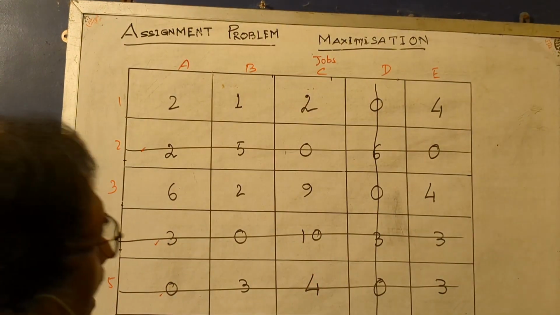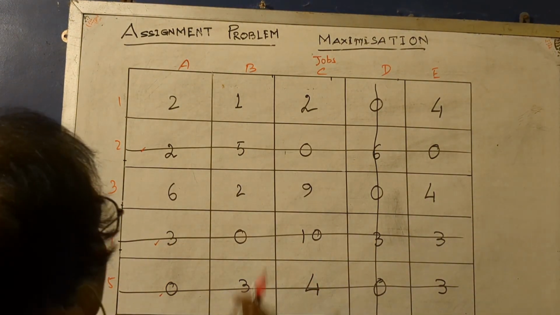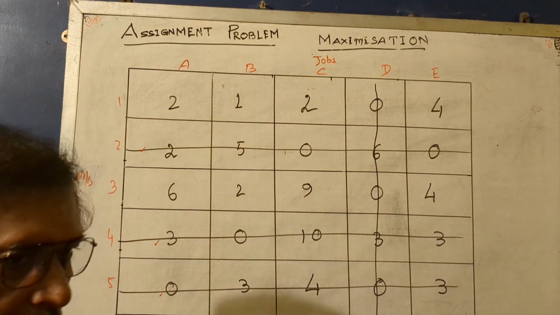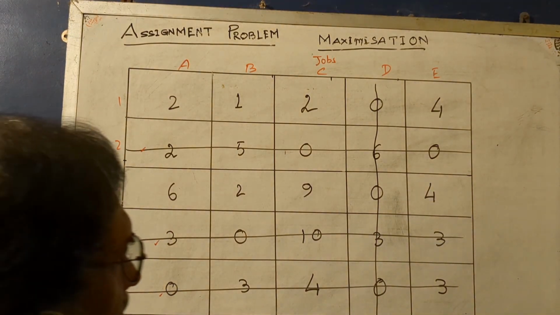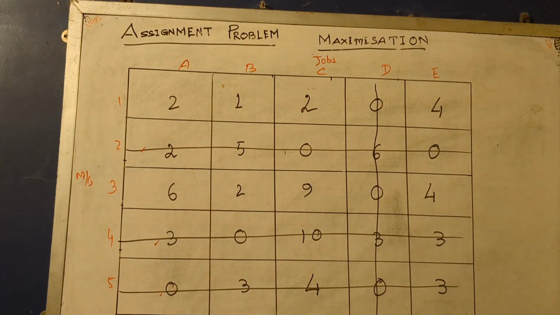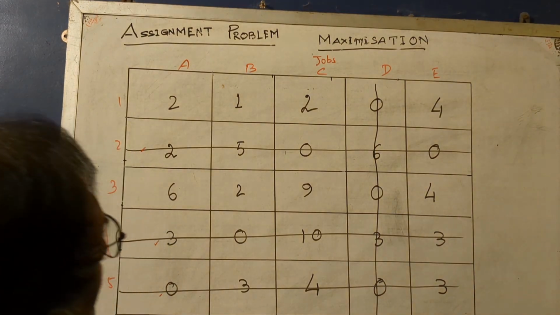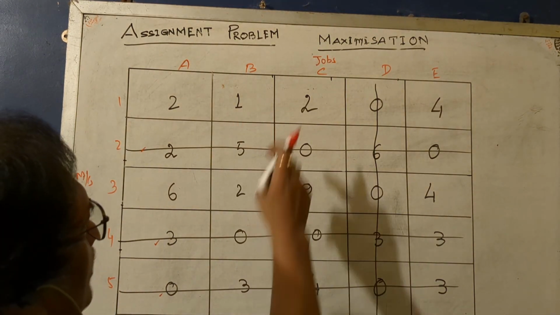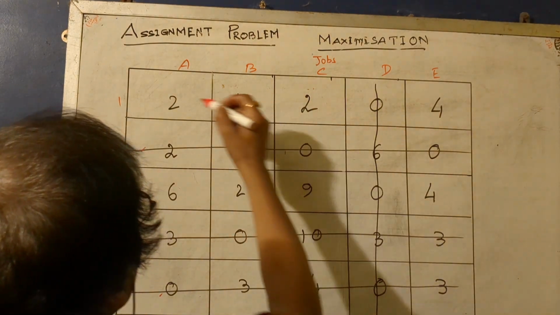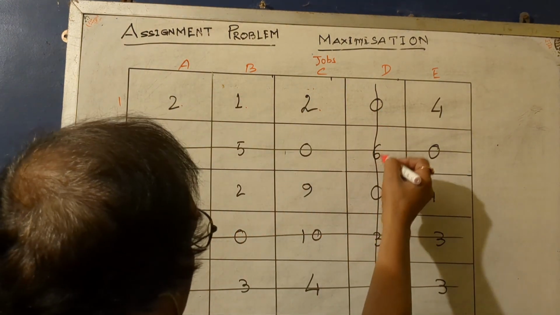As the number of lines is less than the order of the matrix, for that reason you have to proceed further. What steps do you have to follow? Now I am going to discuss that. Find out the minimum element from the remaining elements. Remaining means this, not this.